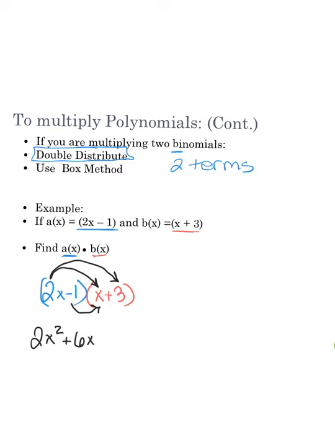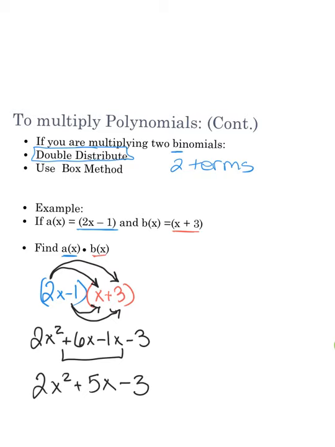Then negative 1 times x is negative 1x. And negative 1 times 3 is negative 3. I combine those two terms, and I get 2x squared plus 5x minus 3. Some teachers in the past might have called that the rainbow method.